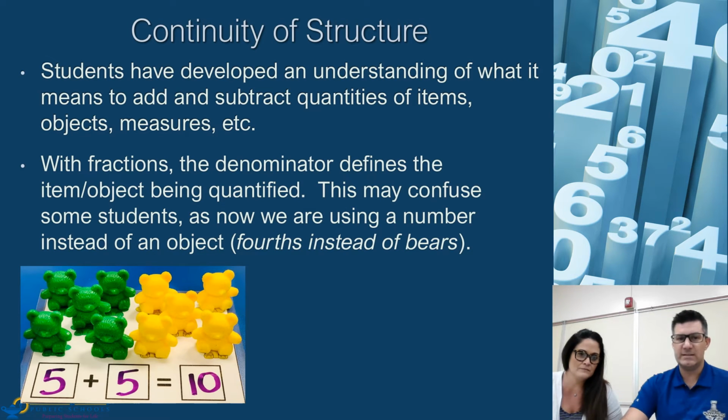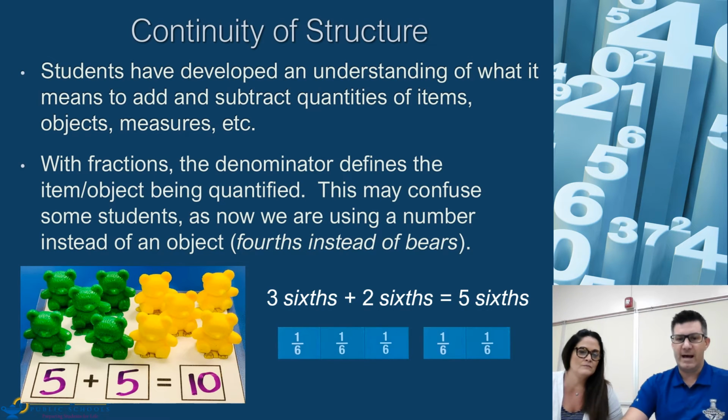It's a little more confusing now with fractions, because the thing they're quantifying is defined by the number in the denominator. When we're looking at fourths, we see a 4 in the denominator, but we really want them thinking, I'm adding or subtracting these things called fourths or thirds or fifths. So if I have 3 sixths, those sixths are the thing I'm counting, and with 2 sixths, I'm adding 2 more of them. That's going to give me 5 sixths.